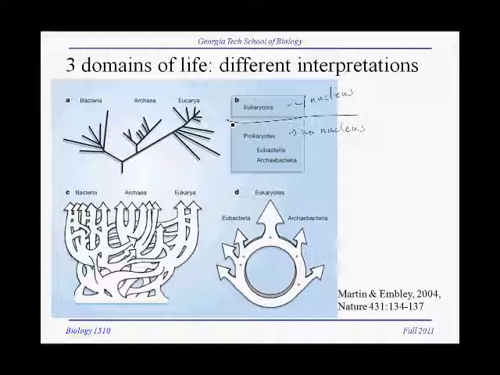Now, if we start looking at genetic sequences, the picture is very different. A man named Carl Woese started sequencing ribosomal RNA genes from various species of bacteria, archaea, and eukaryotes.